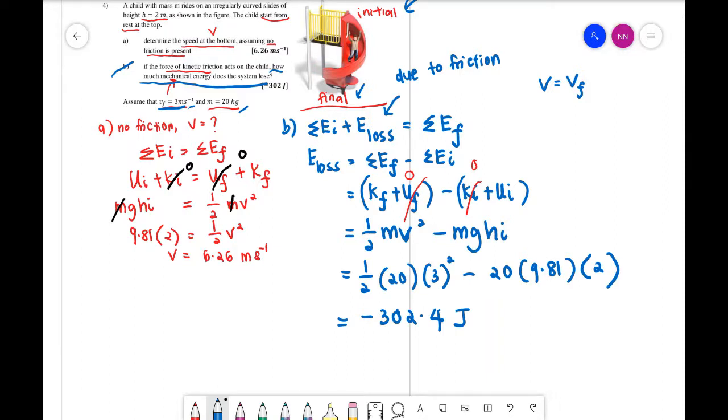Dia nak overcome friction, dia kena buat kerja sebanyak 302.4 joule, untuk mengatasi friction. Kalau negatif maksudnya work is done by the system. Positif maksudnya work is done on the system. Ada orang lain yang buat kerja ke atas sistem, yang bagi external force ke.